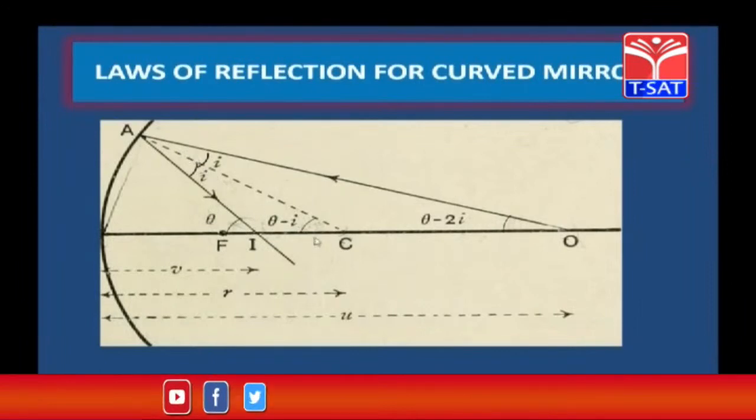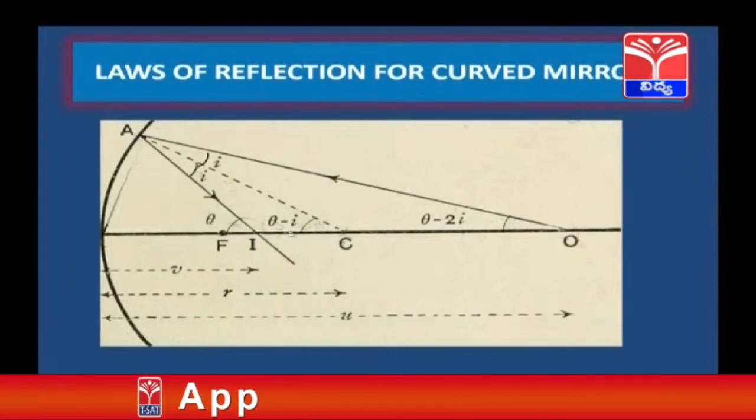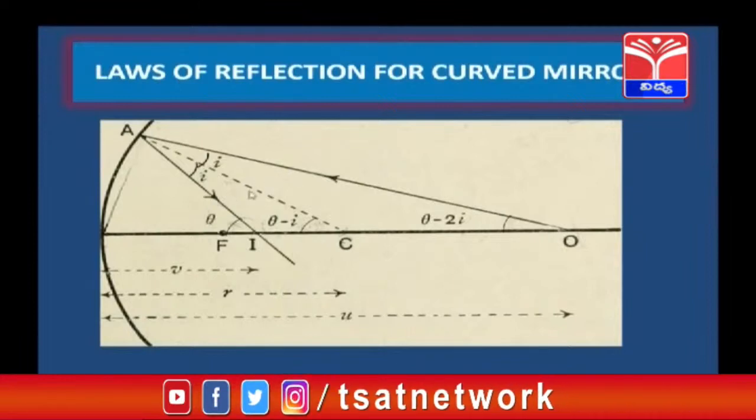AC is the normal. Okay, children, AC is the normal. We know that the line passing from the circumference of the mirror to the center of curvature is the normal. So we see that the incident ray as well as the reflected ray are making the same angle. Okay, children?